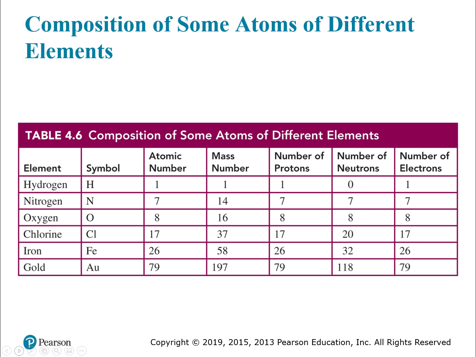Let's skip down to oxygen. A neutral atom of oxygen has an atomic number of 8 and a mass number of 16. What that means is you've got 8 protons and 8 neutrons. That's the 8 plus 8. It gives you 16.